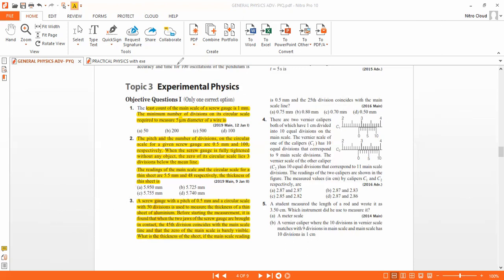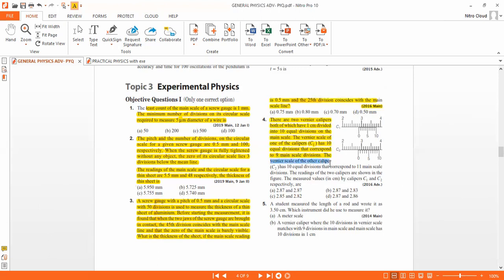Fine. Next, the fourth question. There are two Vernier calipers, both of which have 1 centimeter divided into 10 divisions on the main scale. The Vernier scale of one caliper has 10 equal divisions that correspond to 9 main scale divisions.